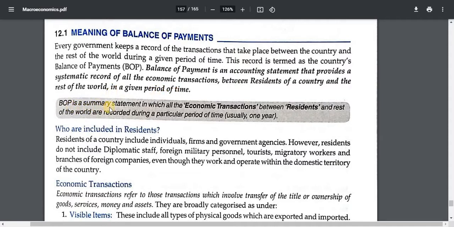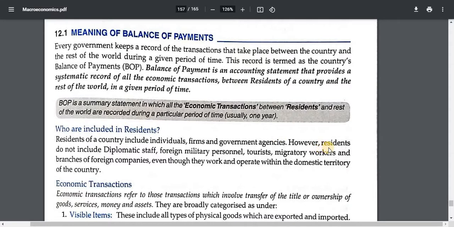BOP is a summary statement in which all the economic transactions between residents and the rest of the world are recorded during a particular period of time, usually 1 year. Who are included in residents? The residents of a country include individuals, firms and government agencies.